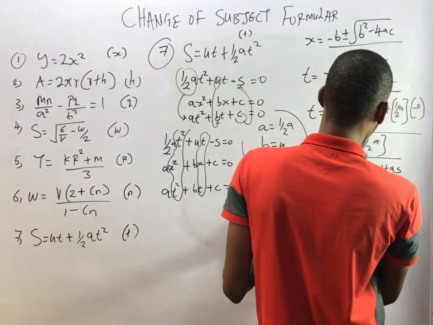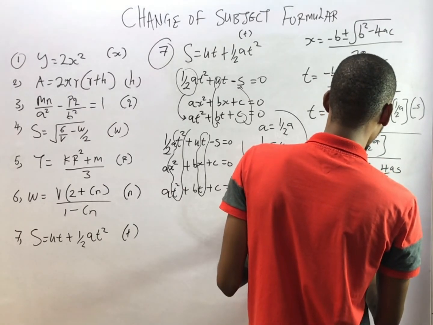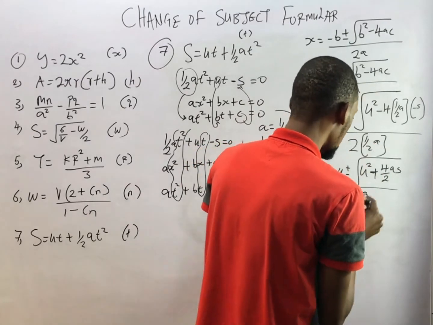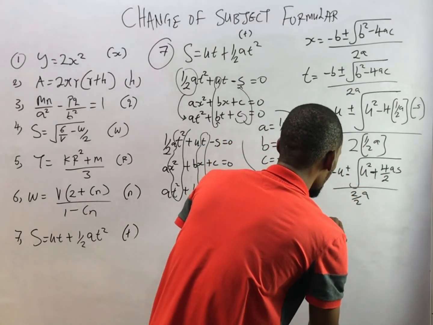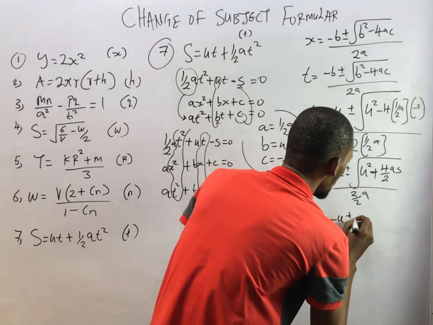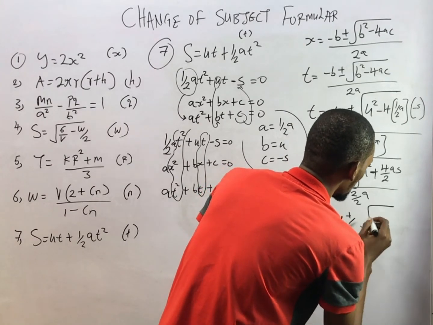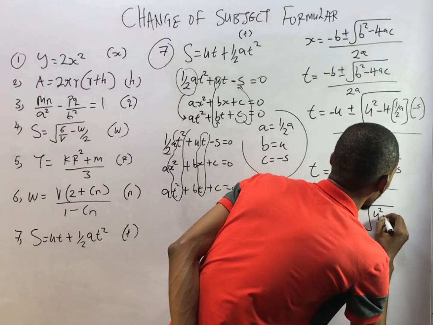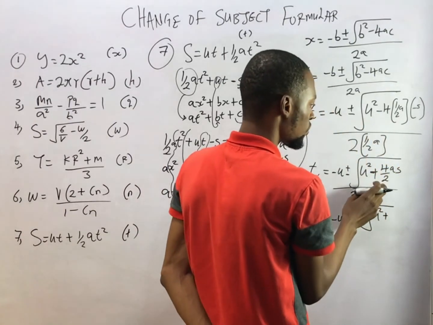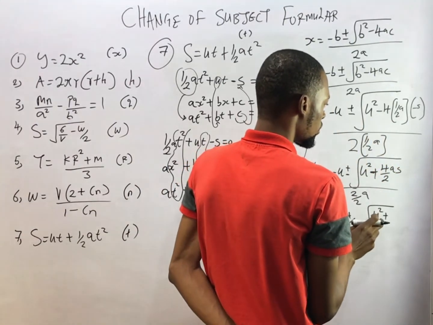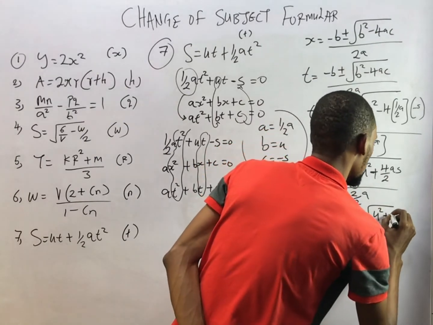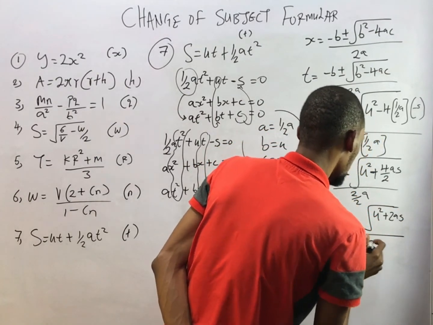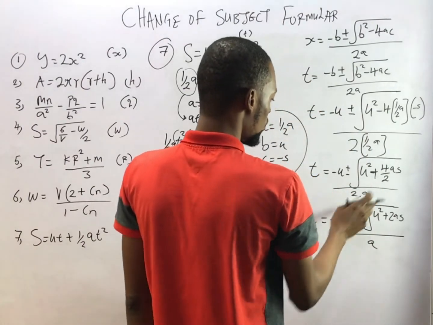Then here is 2 over 2a, 2 times half. This is the same thing as minus u plus or minus the square root of u square plus 4 divided by 2 is 2, so u square plus 2as, all over a. 2 divided by 2 is 1.